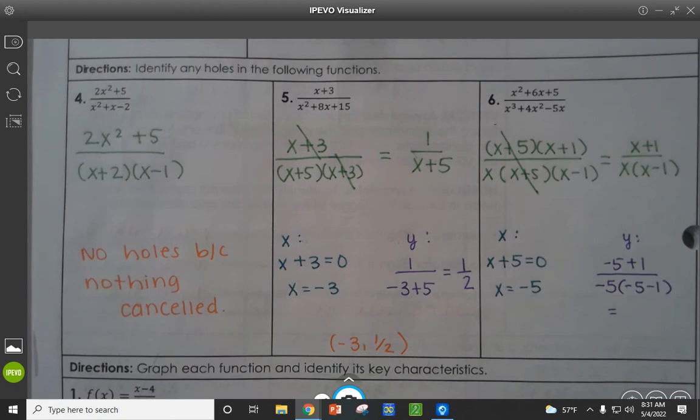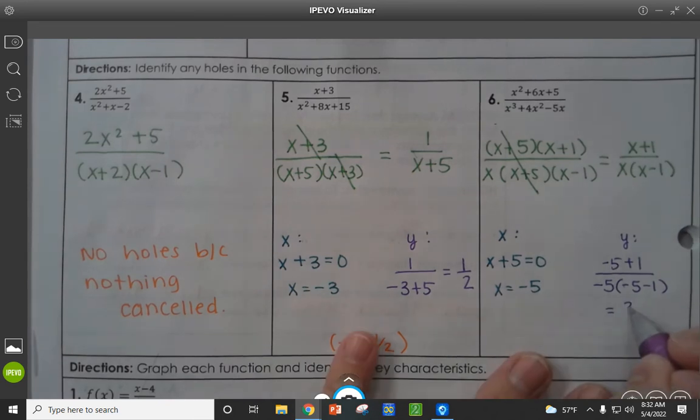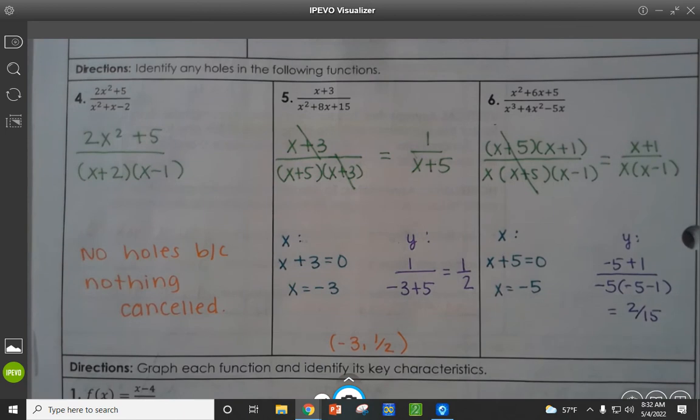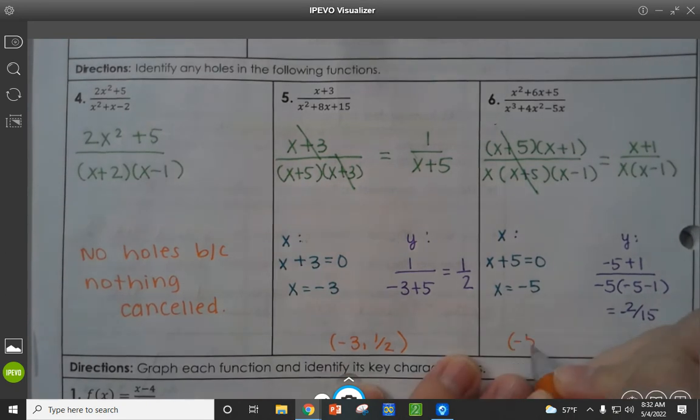And what do you get? That, yeah, I'll say that's really not good. That's what I had, and then I thought maybe I messed up again. So it is negative 2/15. So we have a hole at negative 5, negative 2/15.